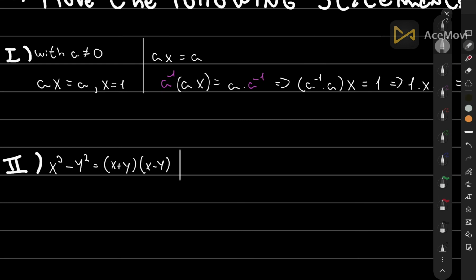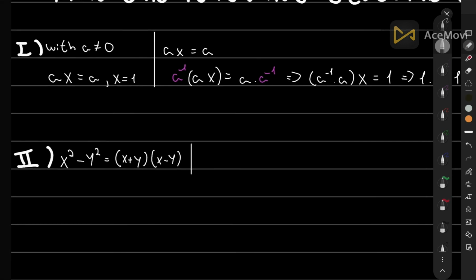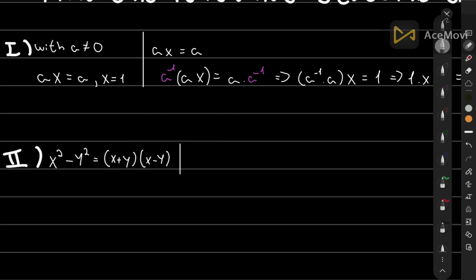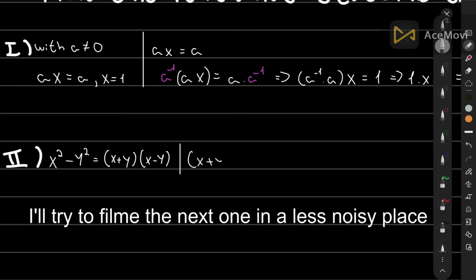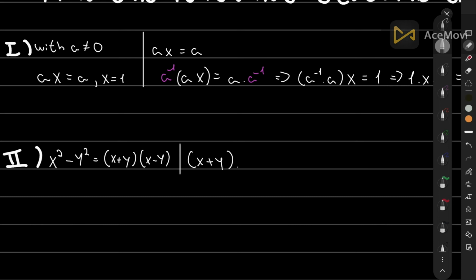So the second one is also fairly simple. We just prove that this equality is true. The way we do that is that we get this second part, this right hand side, and multiply it using the distributive rule. So we just do something like this.